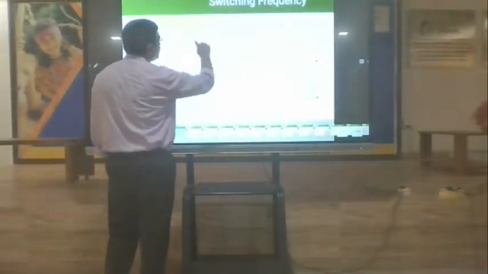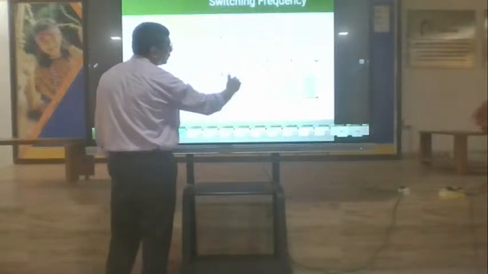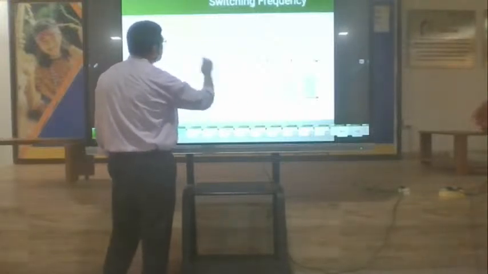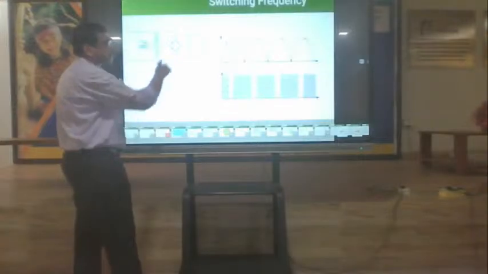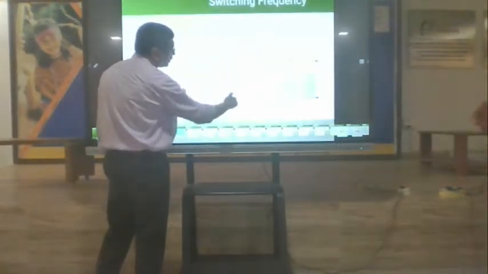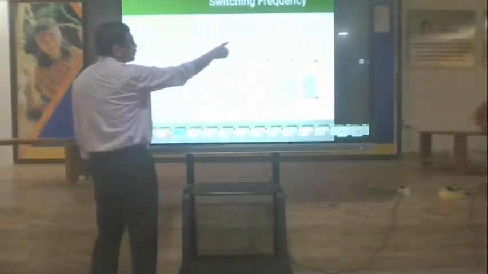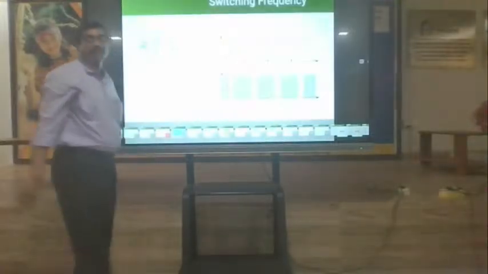So the capacitor will start discharging. It no longer draws current from the input. The current discharges the capacitor, so it falls down again. As the voltage is decreasing, the current falls down.